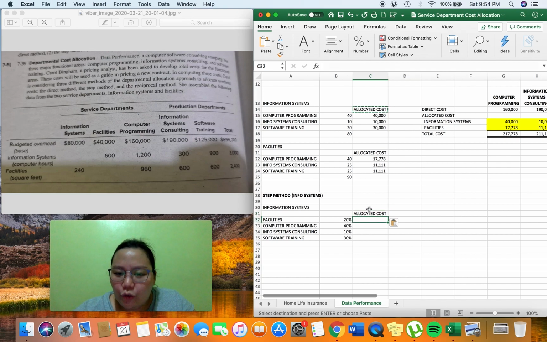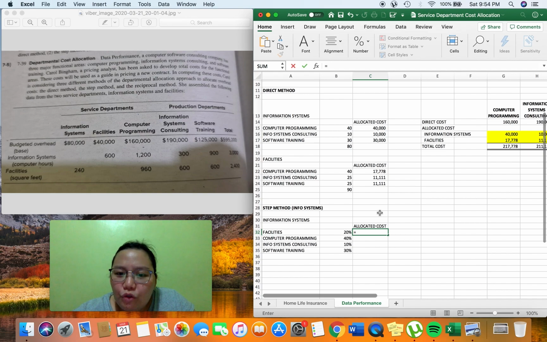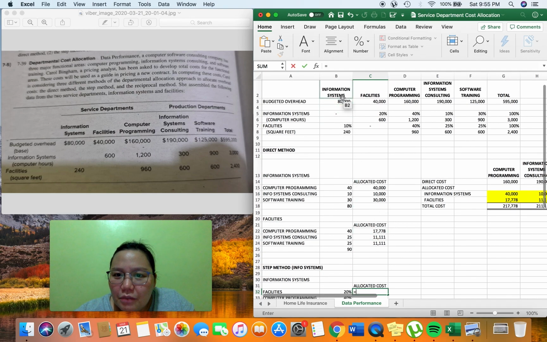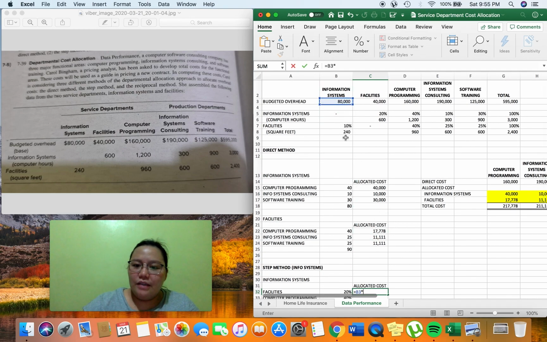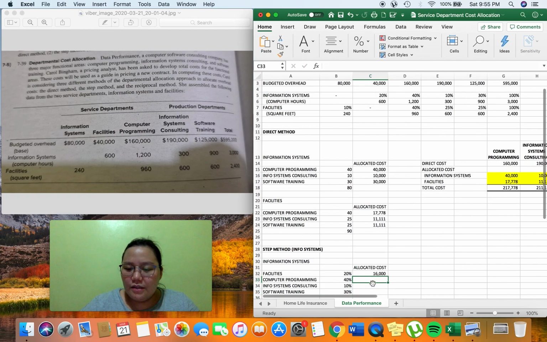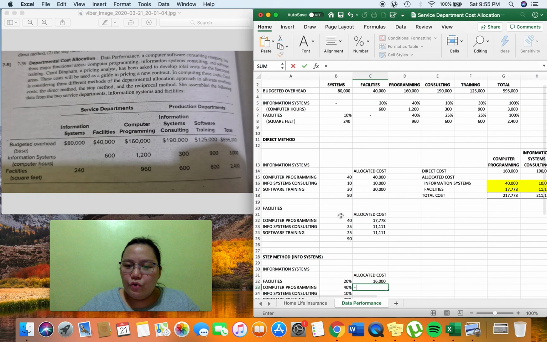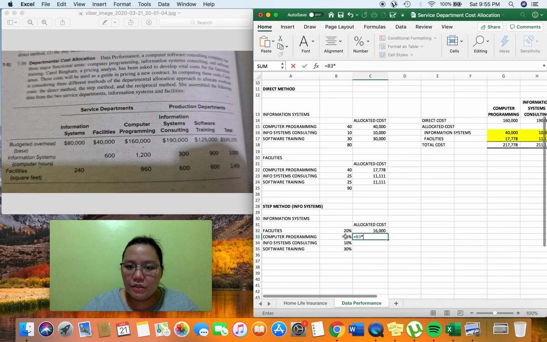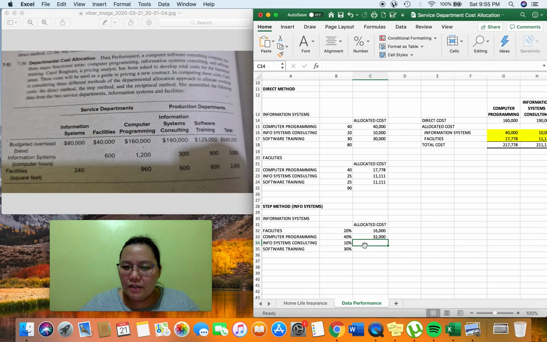And therefore, to compute for the cost that the facilities department will shoulder from the information systems department, we have 80,000 times 20%. So we'll get 16,000. For computer programming, we have 80,000 times 40%, that is equal to 32,000.